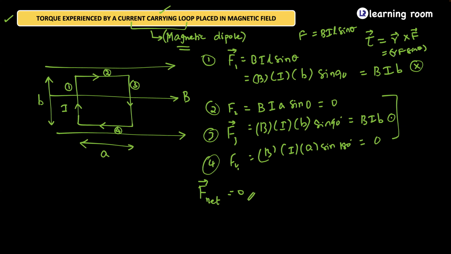These two conductors which are at the top are actually acting as a support system. Meaning, this is trying to move into the plane, this is trying to come out of the plane, but these connections are not letting each of them move. They do not have translational motion, rather they have rotational motion. So that is why the torque comes into the picture, right?